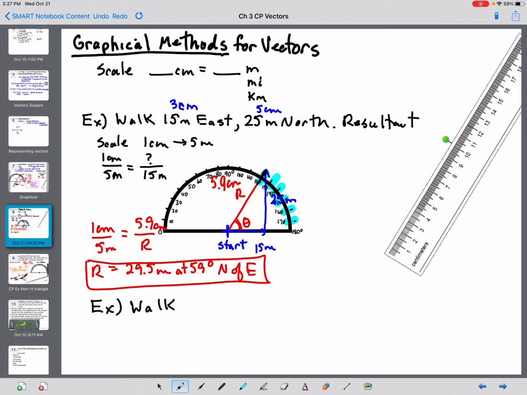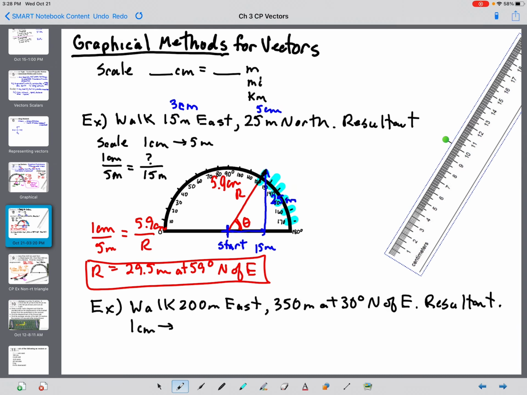You're going to walk 200 meters east, and then 350 meters at 30 degrees north of east, and we want to know what your resultant is. We're going to do the same thing. We're going to set a scale here. So I would probably go 1 centimeter represents maybe 50 meters.